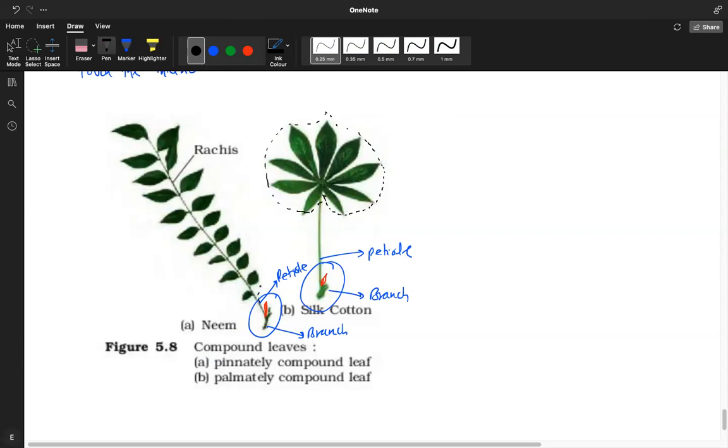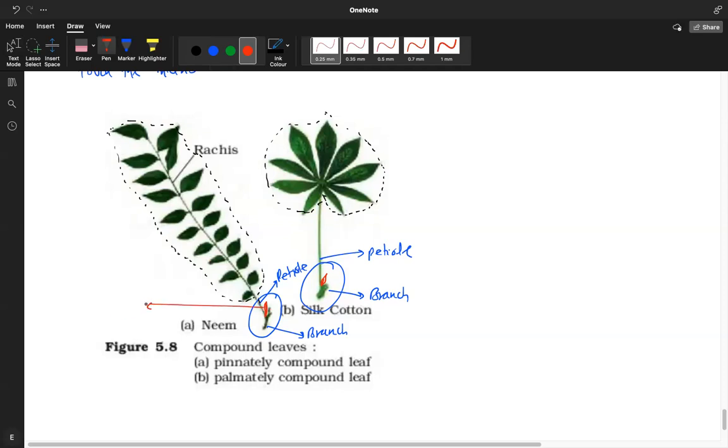So if you imagine this as one leaf, do you understand what I'm trying to tell here, Iram and Aisha?